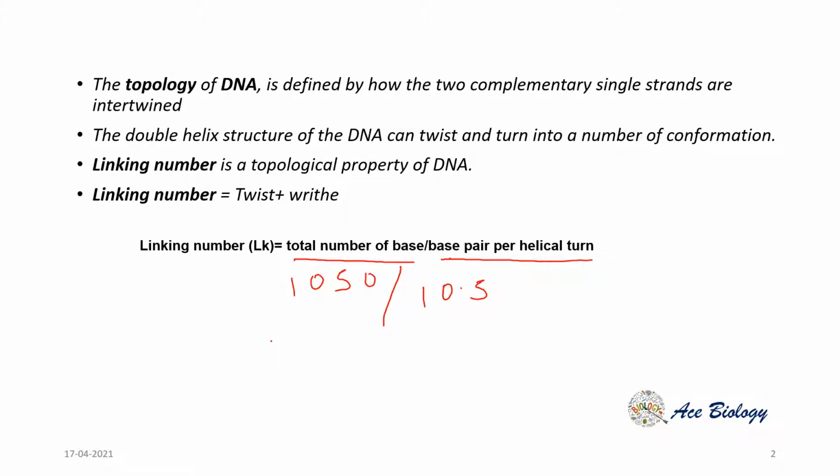So our result will be 100, which means that in a relaxed covalently closed circular DNA having 1050 base pairs and 10.5 base pairs per helical turn, a single strand will be twisted over the other strand about 100 times.